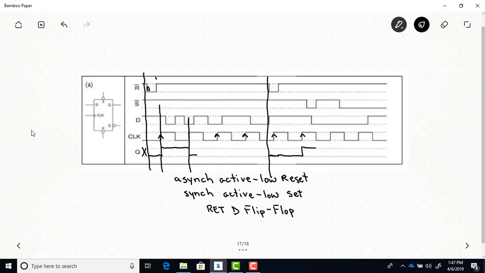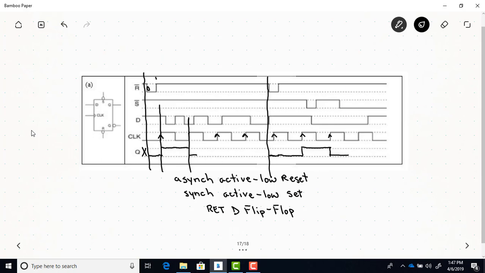Okay, so then continuing on here, at the time of this rising edge, D equals 0, and we're not resetting, so Q depends on the D value here. Okay, so now it's going to be low, but look what happens here. The set input goes 0 again. So like we said earlier, because it went 0, but there's not a rising edge of the clock, it's just going to stay 0.